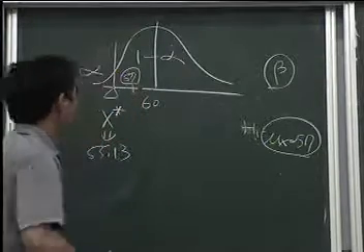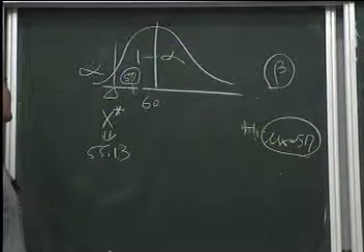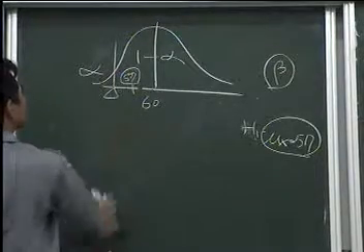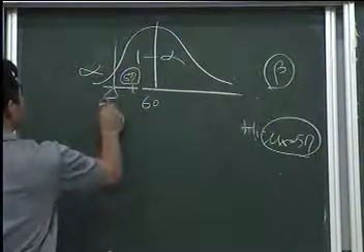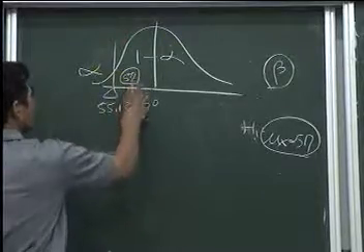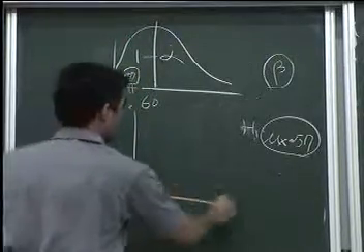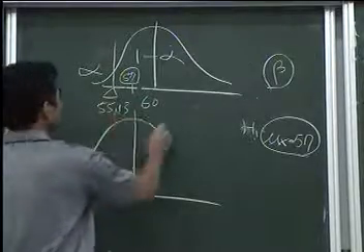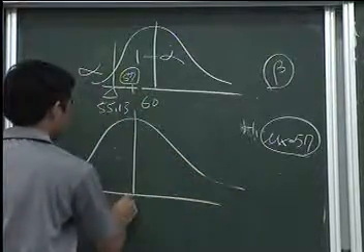Okay, let's move on. We want to calculate the beta there. So we know this is 55.13. And now we say H1, the mu is actually 57, right? So this is 57.